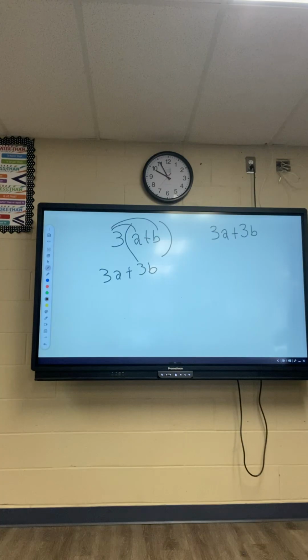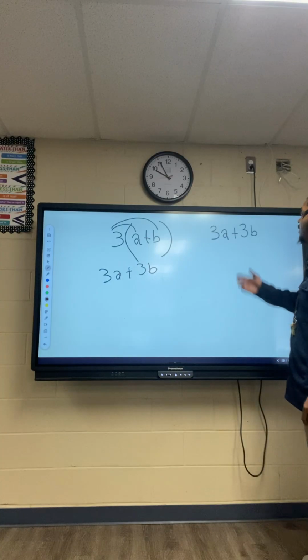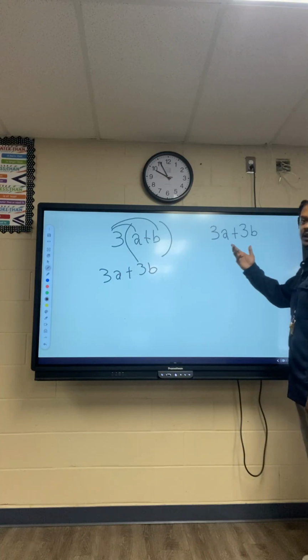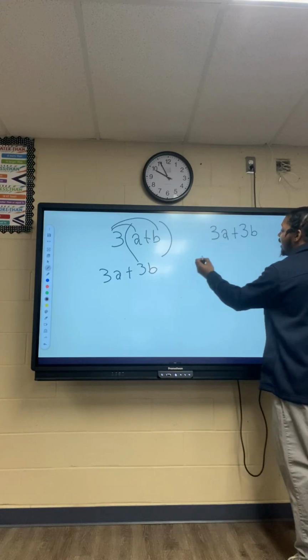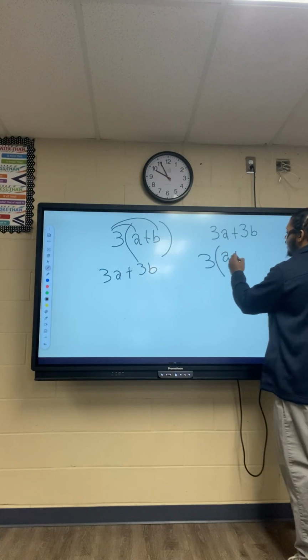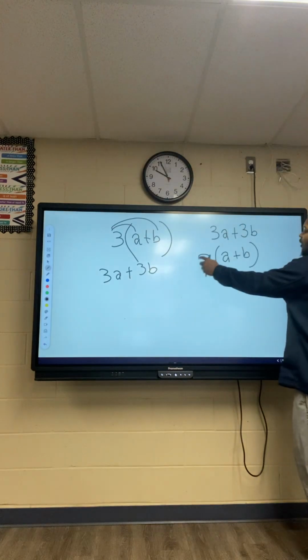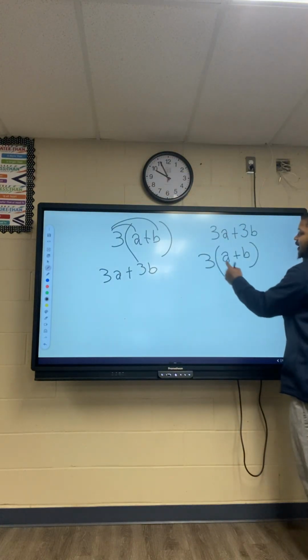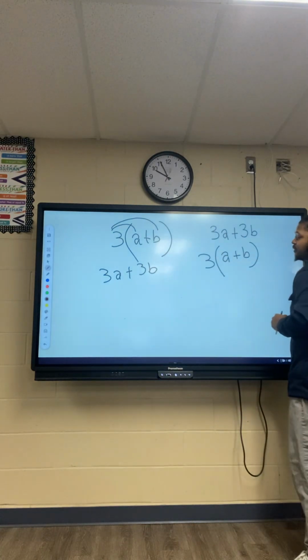Okay. So if we wanted to factor this, we would find the greatest common factor of this, which is 3, because they're both 3. So what we would do is we would pull the 3 out, put it in parentheses, A plus B, okay? So we pulled the 3 out, put it right outside of the parentheses. That lets us know that we're gonna multiply by both.